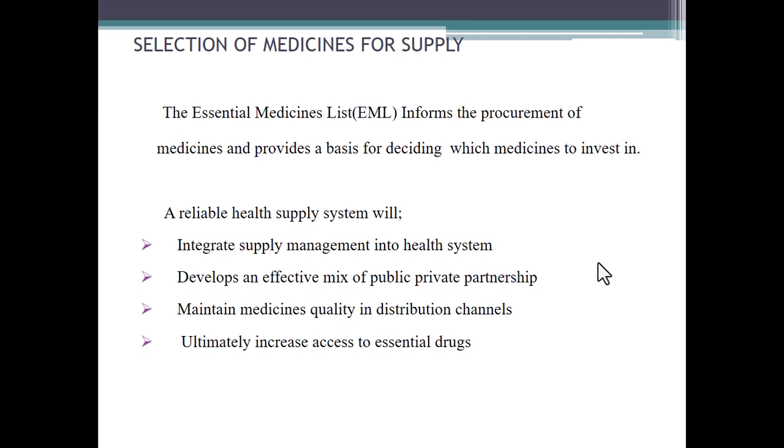So a reliable health supply system will integrate supply management into health systems. It also develops an effective mix of public-private partnership, enables maintaining medicine quality in distribution channels, and ultimately increases access to essential drugs.